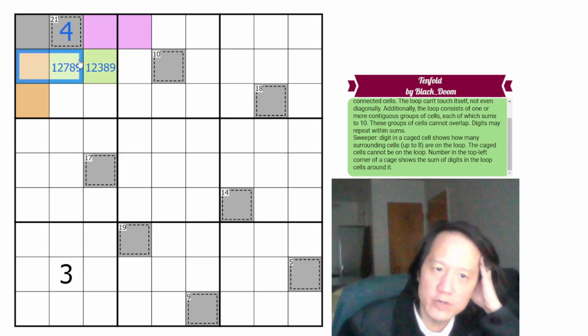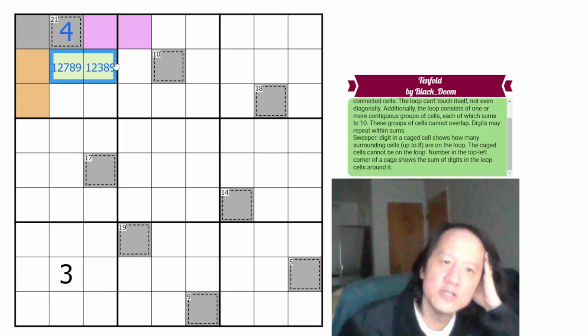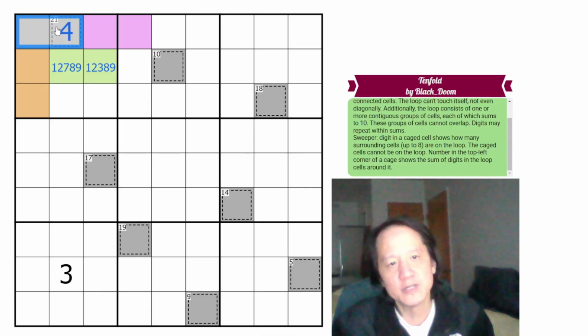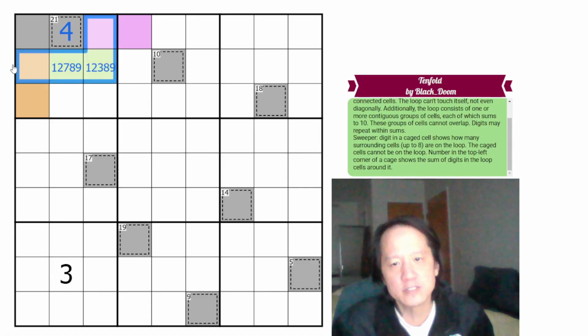And if it can't be part of this, it must be part of the next one. So therefore, this is 10 at maximum, and that would add up to 20 if that's the case. Therefore, we know these 2 are part of the set, and these 2 have to be part of a set, and these 2 have to be part of a set. And these 2 add up to 11, because it must add up to 21 for the 4 surrounding cells.